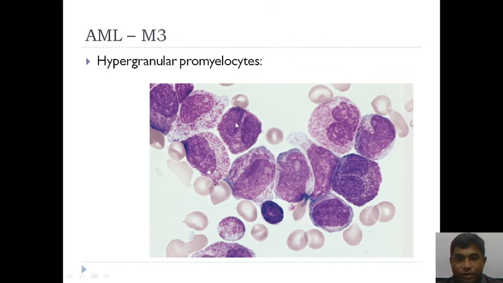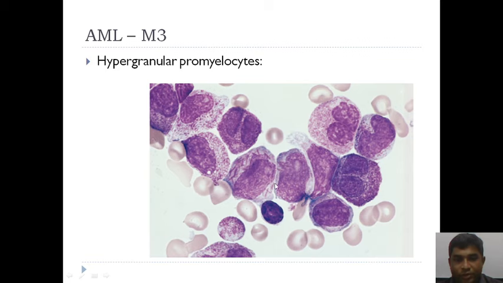You can see one lobe here, one lobe here, and the two lobes are connected. In addition, we have a large number of Auer rods. The myeloblast we saw earlier had a single round nucleus with just one Auer rod, whereas in this case you can see multiple Auer rods, what we call a faggot cell.